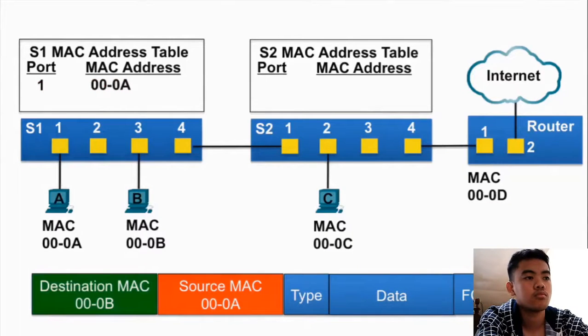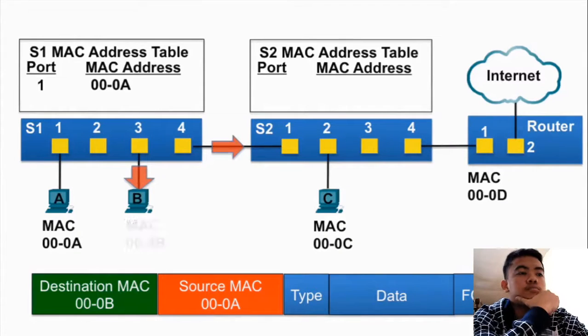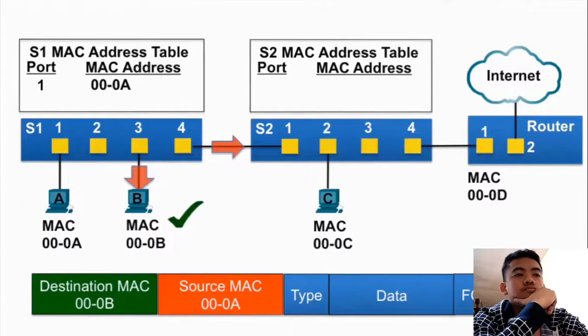Next, switch S1 examines the destination MAC address, and notices that this MAC address is not in its table, so it floods it out all ports. PCB receives the Ethernet frame, examines the destination MAC address against its own MAC address, and notices that that is a match, and receives the rest of the frame.